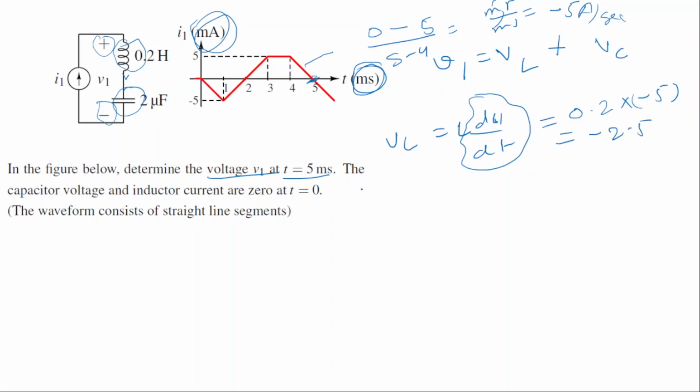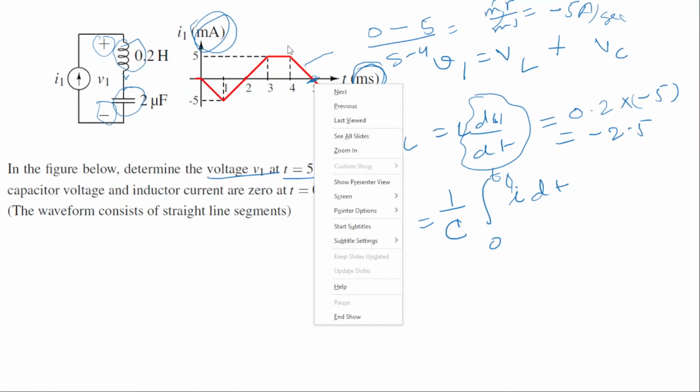Now to calculate the voltage across the capacitor, it will be equal to 1 by C integral of i dt, with the limit from 0 to t. Till 5 we need to integrate this area.